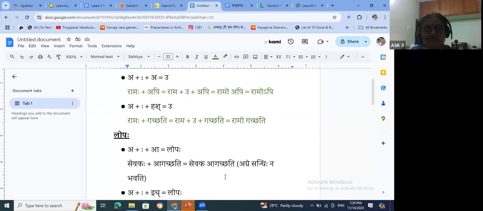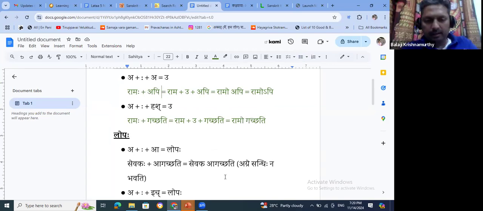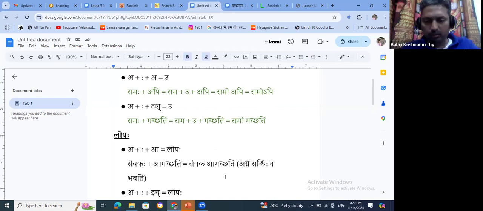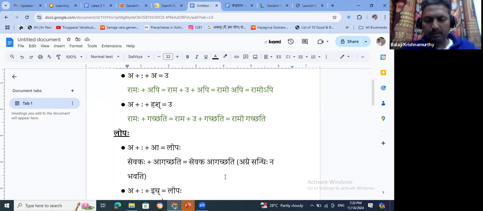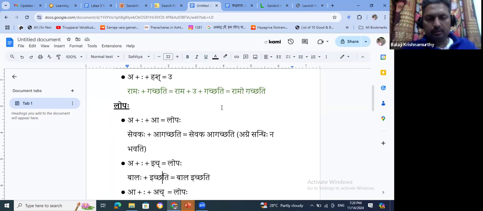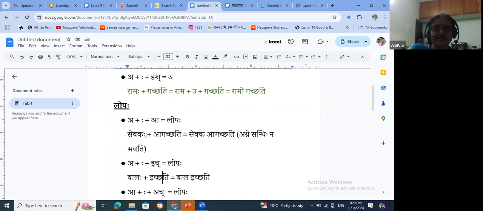So there's a difference in the end result. But in the lopaha, the first a visargaha a and a visargaha ich, both results are the same, right? Yes, there is no difference. Only this goes away. That's all.